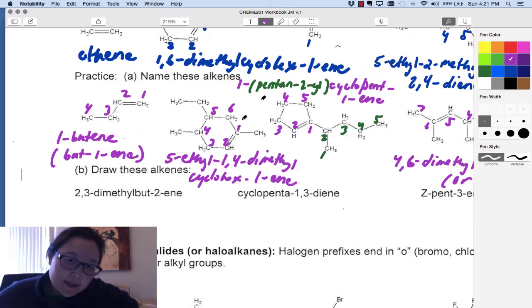That's fine. For this one, there's a complex branch here, which I've shown in green. So I'll say that this is the parent. So it's a cyclopent 1-ene or 1-cyclopentene. And then the branch occurs at carbon 1 on the parent. And then this complex branch is a pentane, so it's a pentan-2-yl attached to the parent at carbon 2.